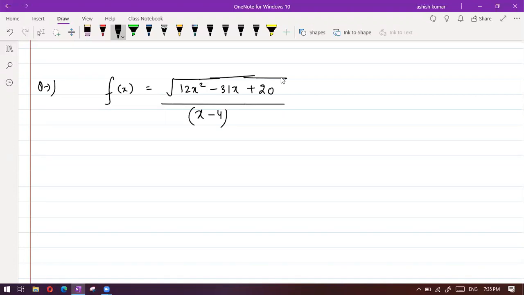The root is in the numerator, not in the denominator. Anyone who is able to solve this quadratic equation, let me know.